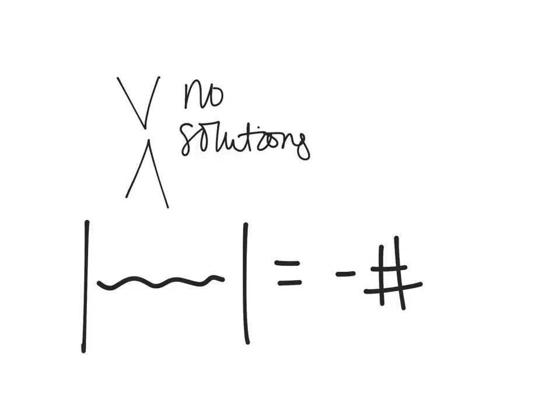Now, if you're looking at one where you have two absolute values in it, all your x's will cancel out, but you'll end up with something weird like negative 3 equals 12. Negative 3 and 12 are not equal numbers, so that implies there is no solution there.